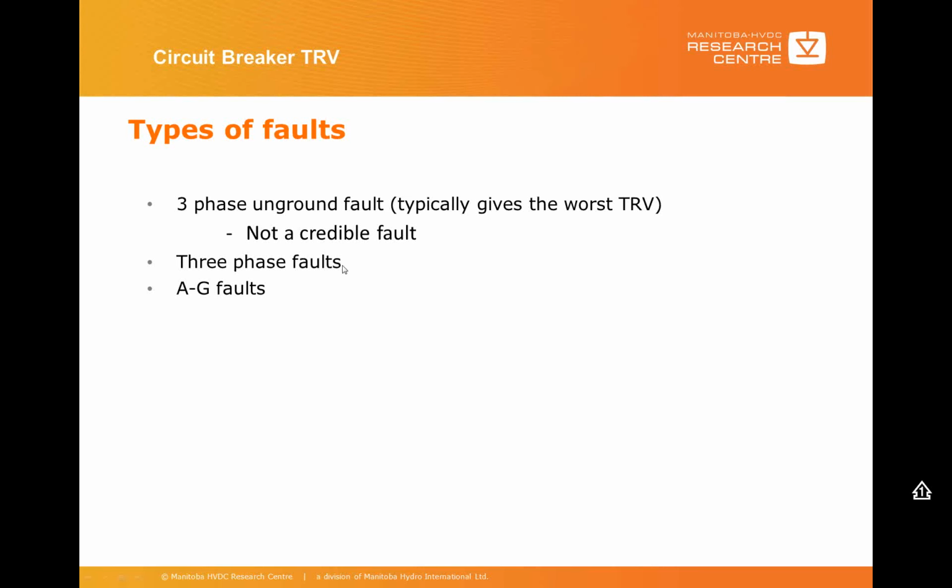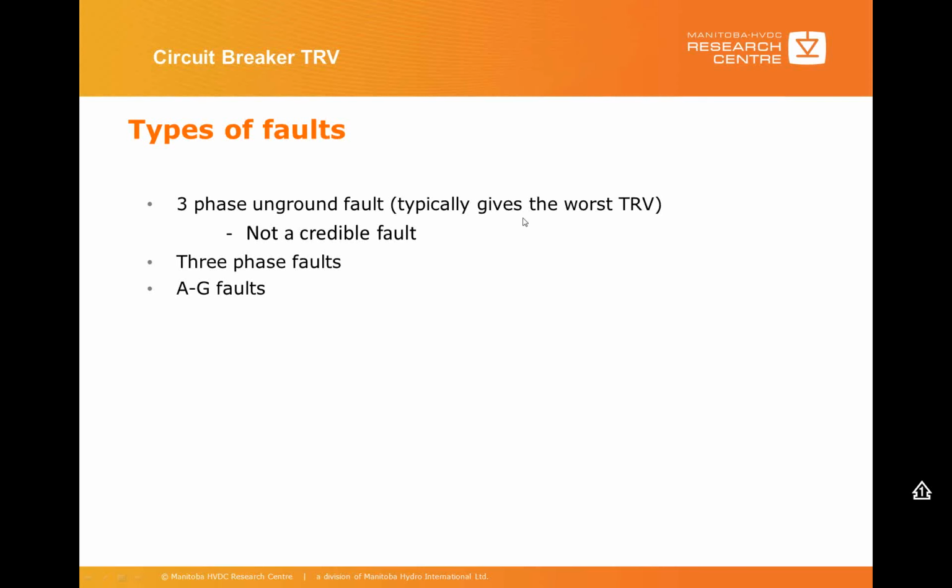But line-to-ground faults are very, very common faults. From a simulation point of view, if you simulate a three-phase ungrounded fault and the resultant TRV waveform is well below the breaker capabilities, then I would say you don't need to worry about these kinds of faults, because this is a severe case.